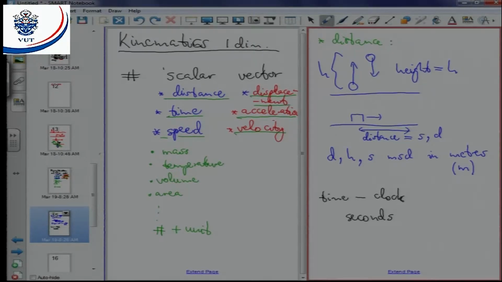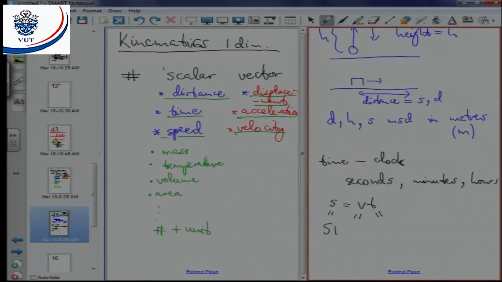Sometimes it can be given in other units like minutes or hours, and you have to convert these into seconds if you are working with SI units. So anytime we write down an equation, say s equals vt, in these equations you always work with SI units. So make sure that you convert everything to SI units before you plug in the values.